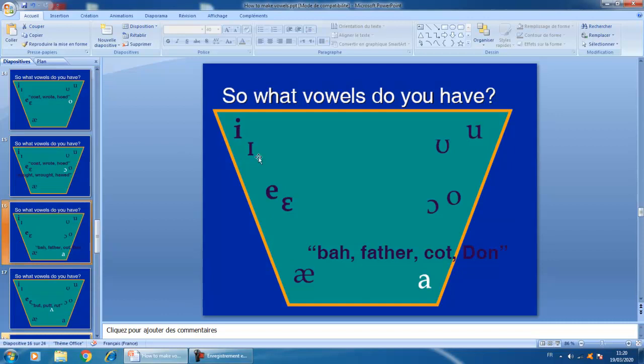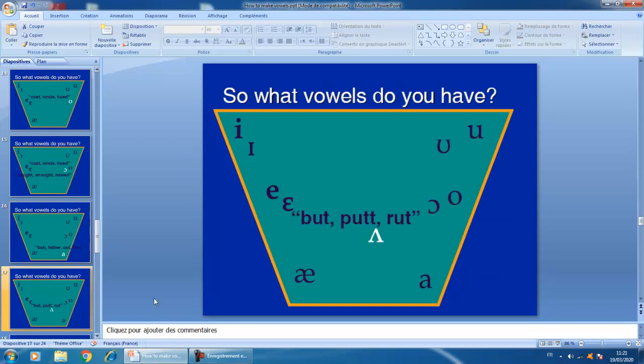We have got two front high vowels corresponding to two back high vowels. Two front mid vowels corresponding to two back mid vowels. One here is low front and this one is low back.